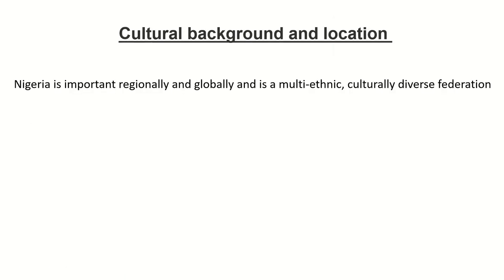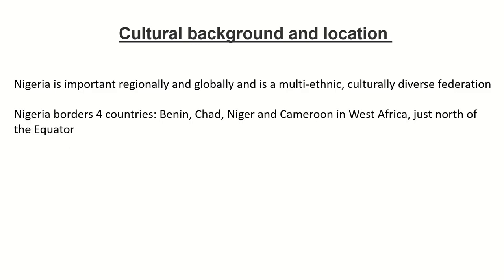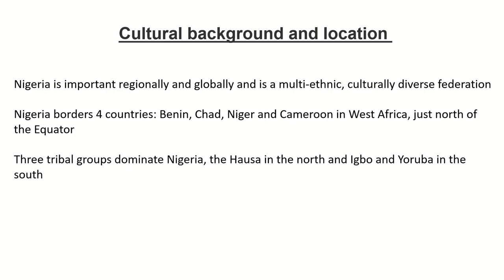So Nigeria is an important place. It has a huge range of ethnicity, and it borders 4 different countries in West Africa, just north of the equator. Nigeria is an interesting place because after independence from the British Empire, the country was created to have 3 main tribal groups.